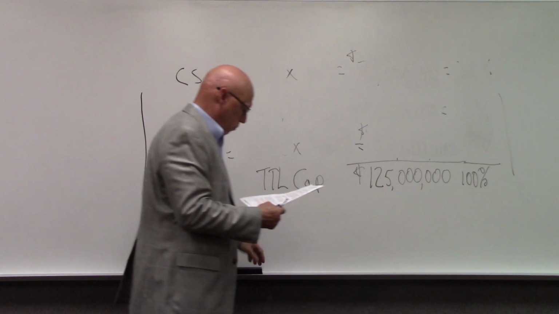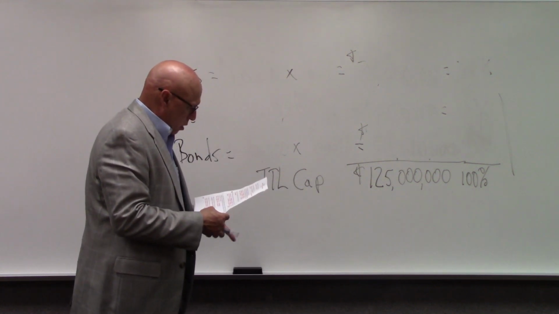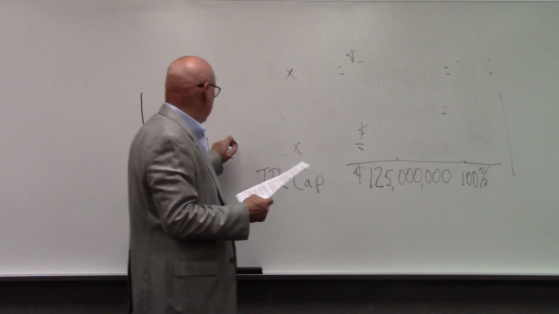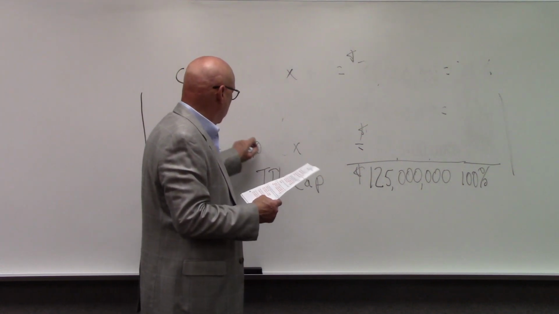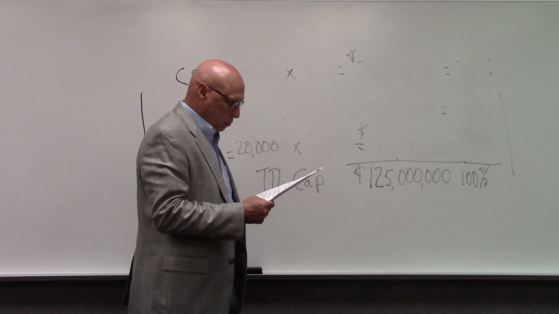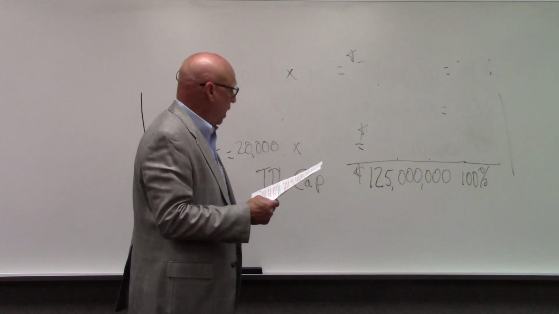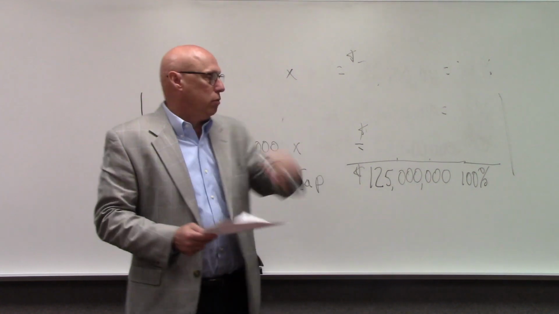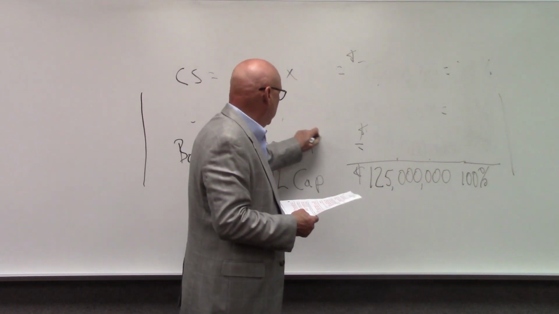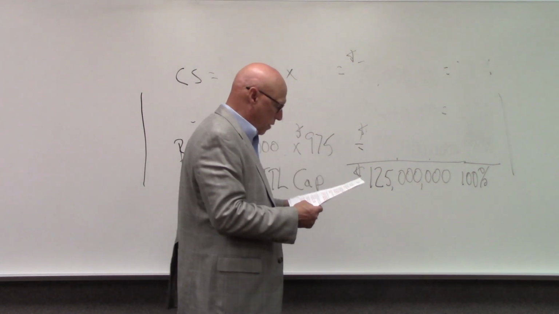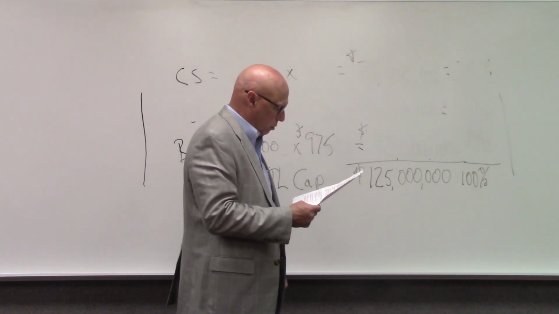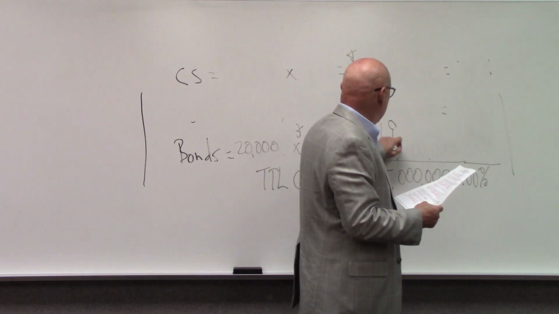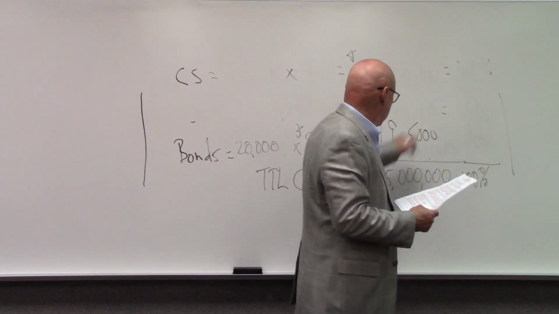Question 6. 20,000 bonds, par value of 1,000, trading at $975. Do not use par value, use the current market price. $19,500,000.